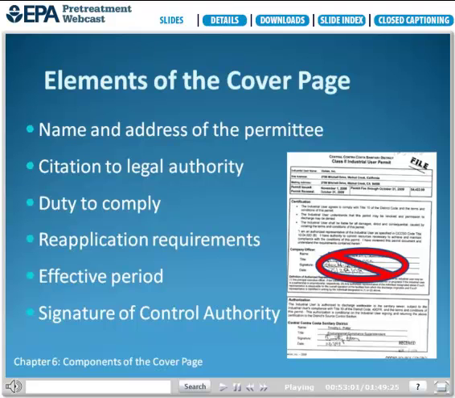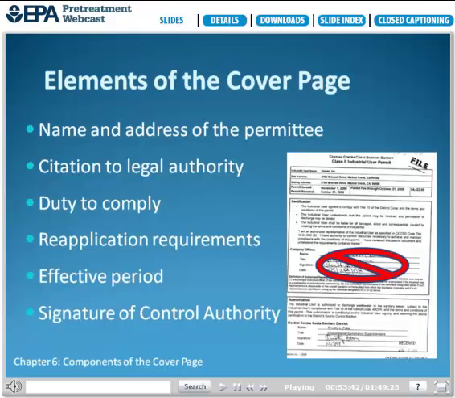The effective period should be clearly defined, and if it is different than the date that it's issued, it should be indicated, and it should be clear that the term is 5 years or less. Sometimes I've seen permits where they issue it on January 1st and add 5, and then it ends up being taken all the way to the end of the next year, which makes it 6 years instead of 5.